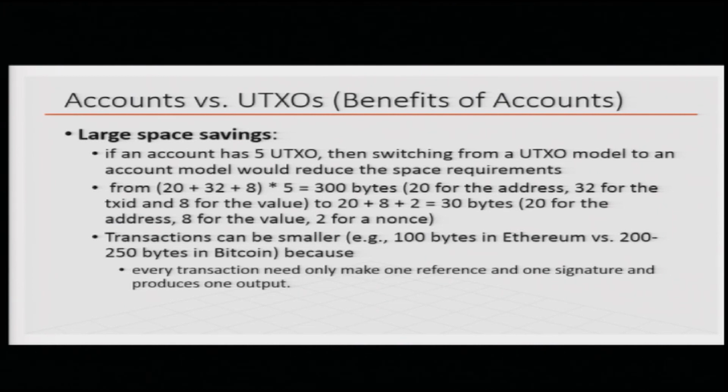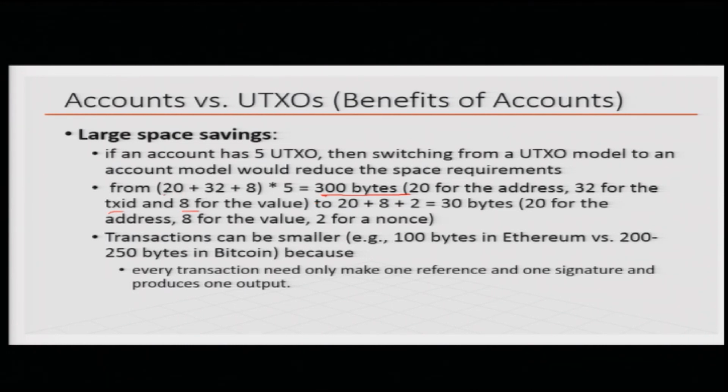So, however, to keep that information on the blockchain, you need about 300 bytes: 20 for an address, 32 for the transaction ID, and 8 for the value. So, these are bytes, and that times 5 for each of the UTXOs.